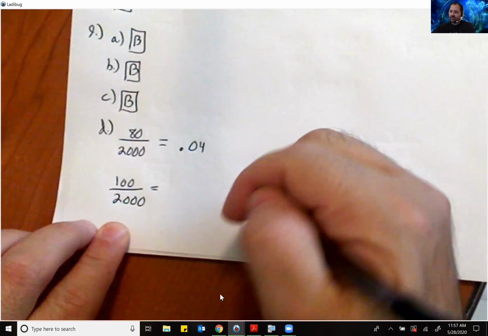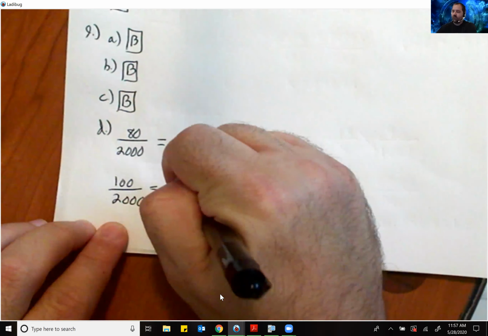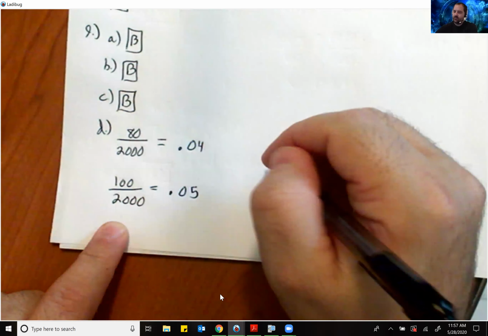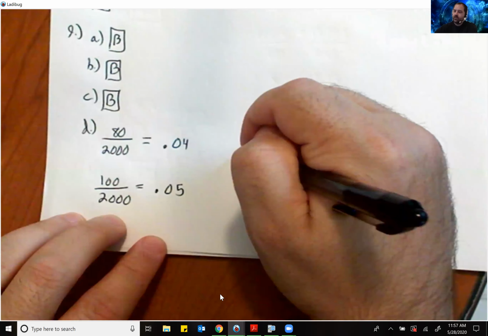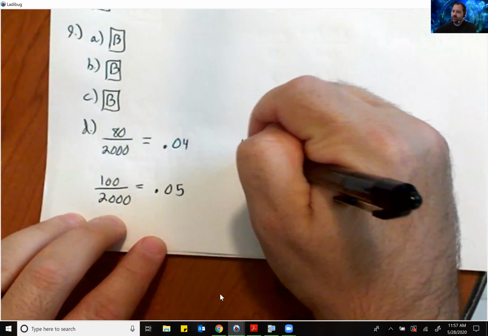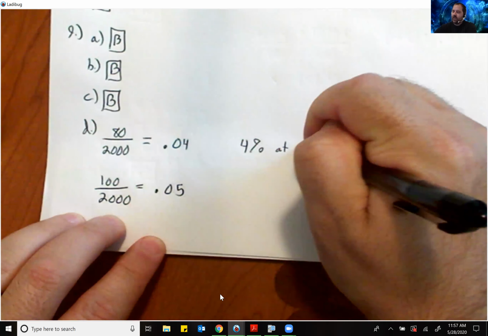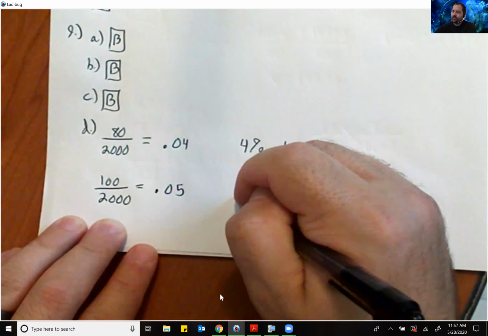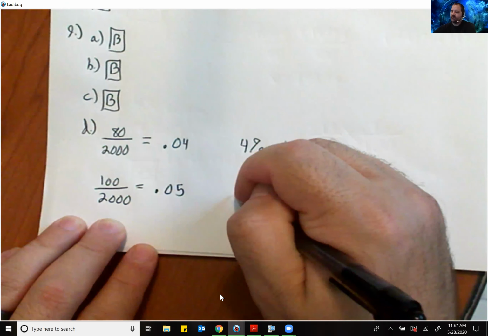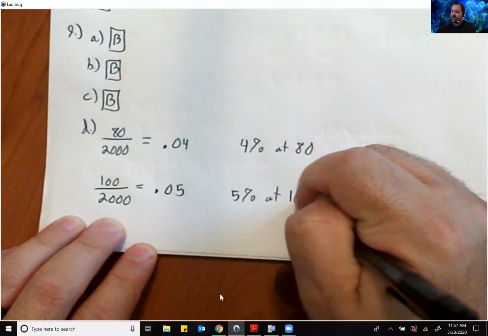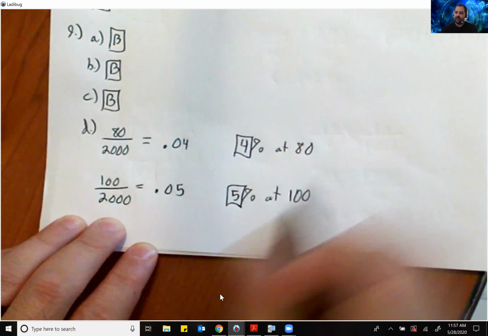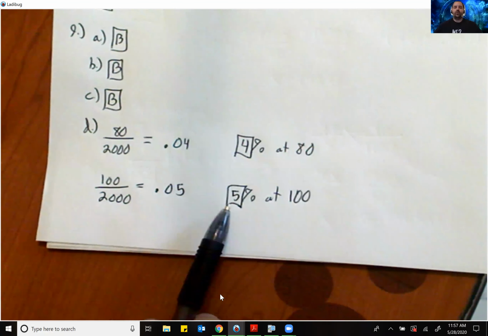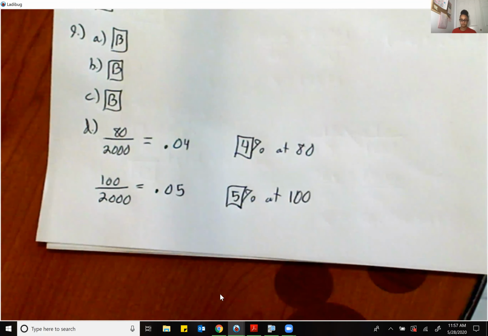So if we turn these into percents, what's the percentage at 80? 4%. 4% at 80 and 5% at 100. So these are the numbers that go into those blanks respectively. Put the 4 in the first one and the 5 in the second one. Cool? Yes. There we go. All right. So now let's move to number 11.